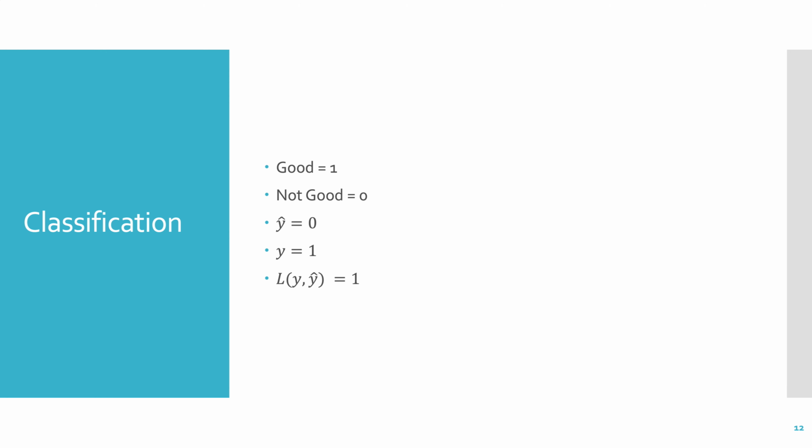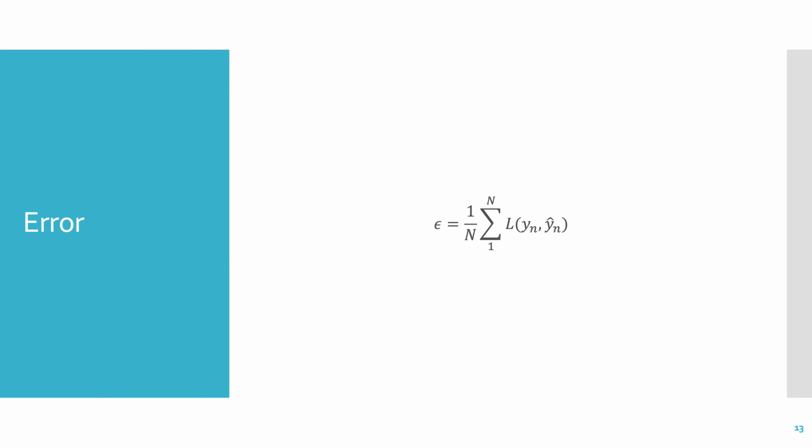The losses we have talked about here are just for one sample each, but we want to know how we're doing on the training data as a whole, or the validation data. Error is defined as this equation, 1 over N times the sum from 1 to N of L of y_n, y hat_n. All of these little n's are the individual samples, and there are capital N number of samples.